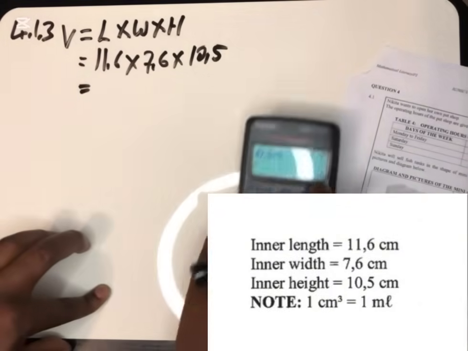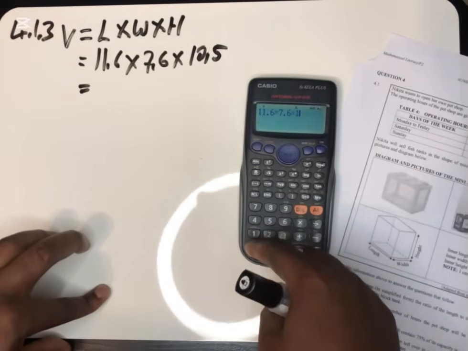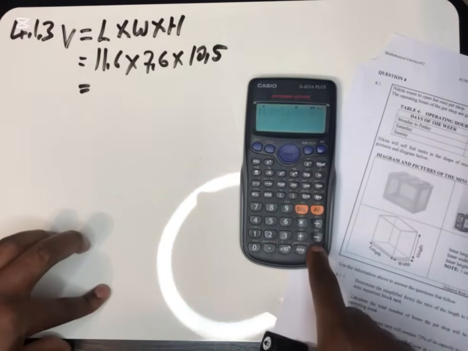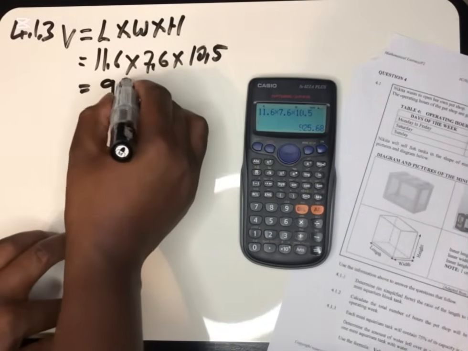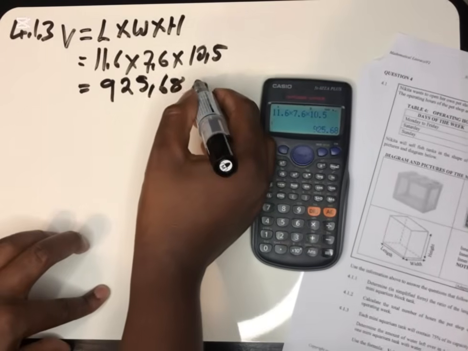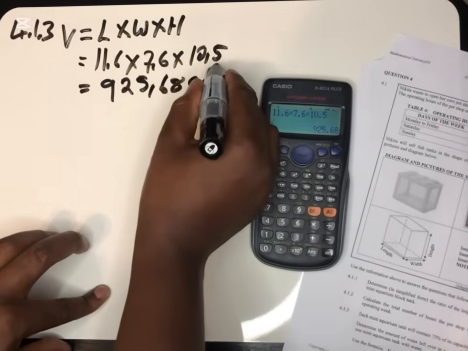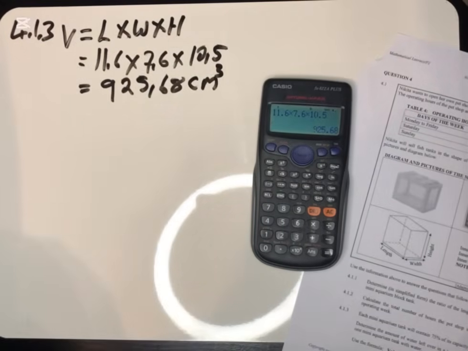Let's do the calculations. 11.6 multiplied by 7.6 multiplied by 10.5. We found that the volume is 925.68 centimeters cube. Volume is always measured in cube, and you should not forget that.